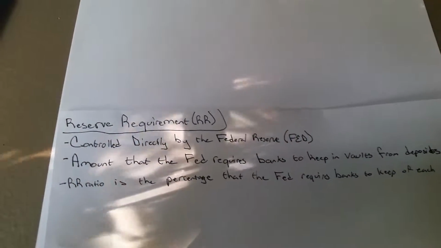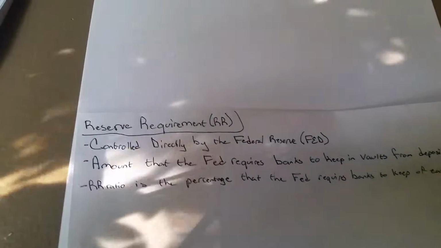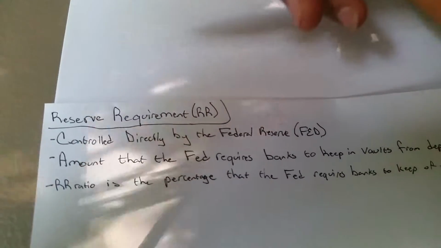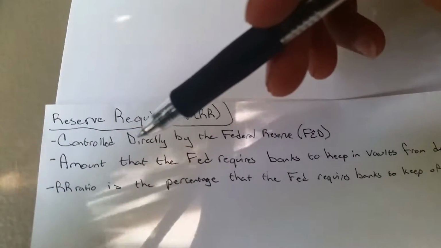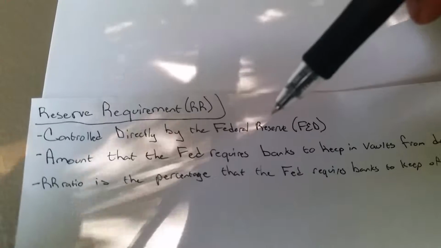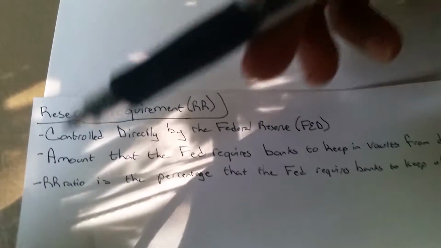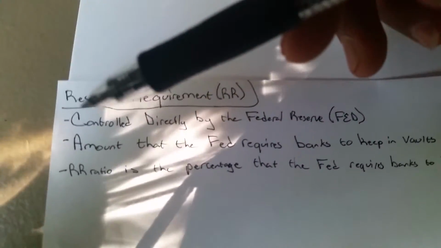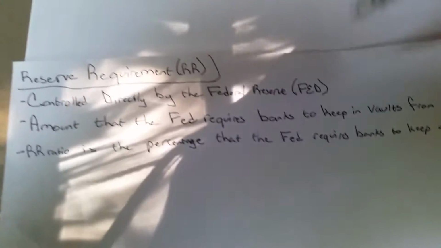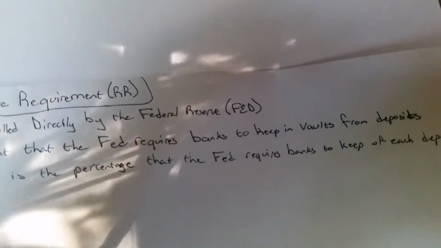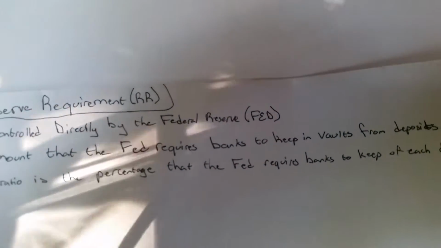All right, now it's time to learn about the reserve requirement, or the RR. The RR is directly controlled by the Federal Reserve, or the Fed. It's the amount that the Fed requires all banks to keep in vaults from cash deposits, better known as demand deposits.